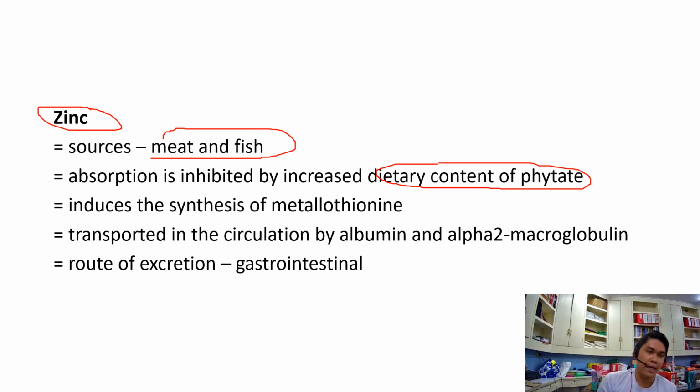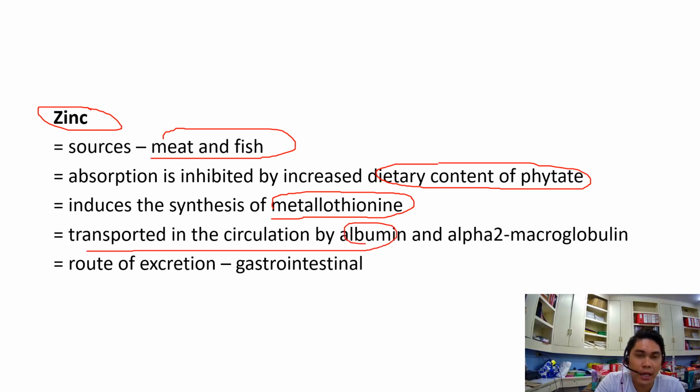Next, zinc induces synthesis of metallothionein, and one of the components of metallothionein is zinc. It is transported in the circulation by albumin and alpha-2 macroglobulin. The route of excretion is gastrointestinal.